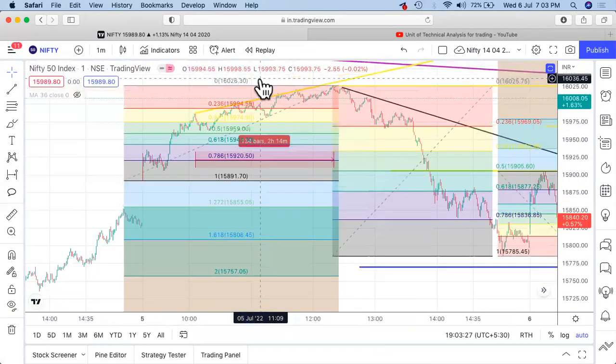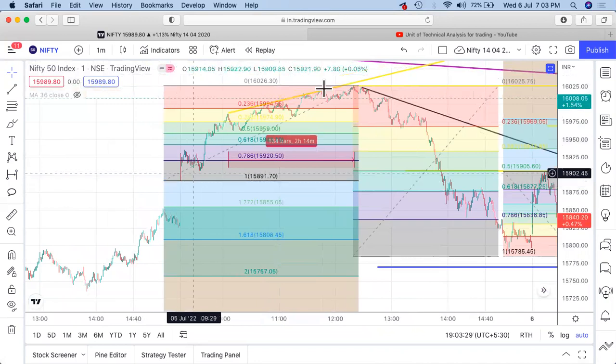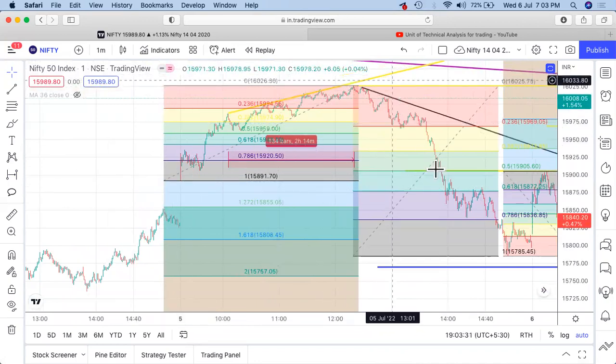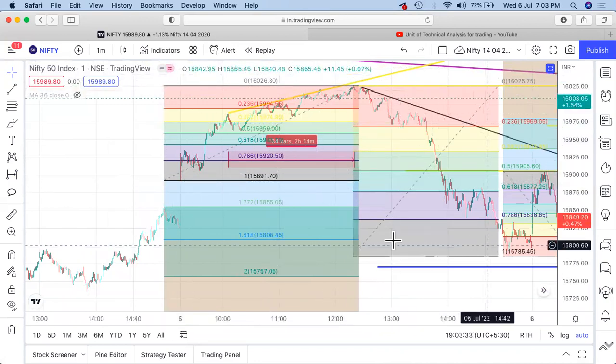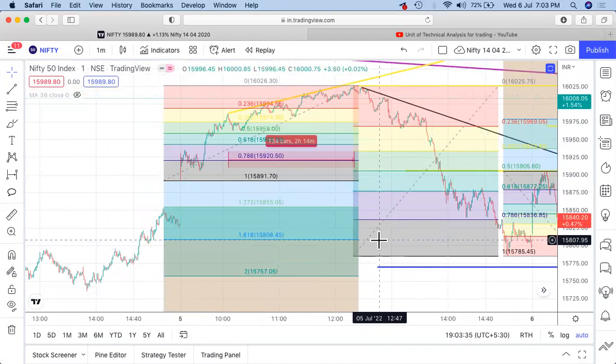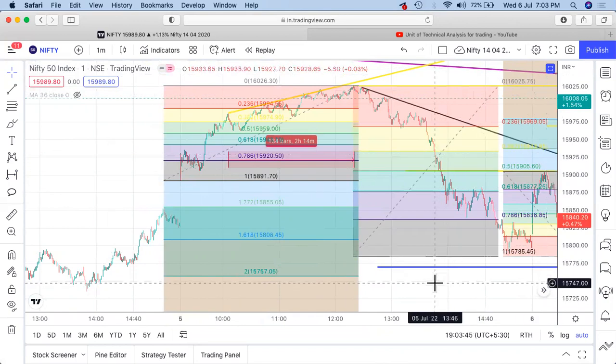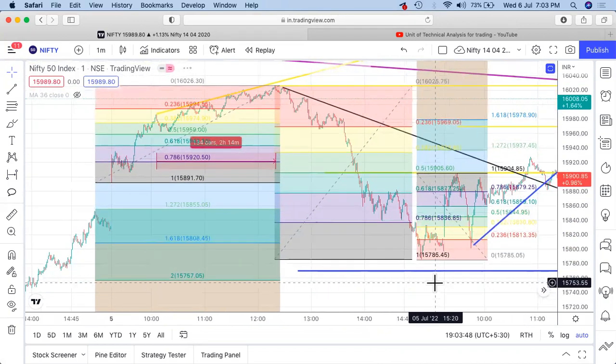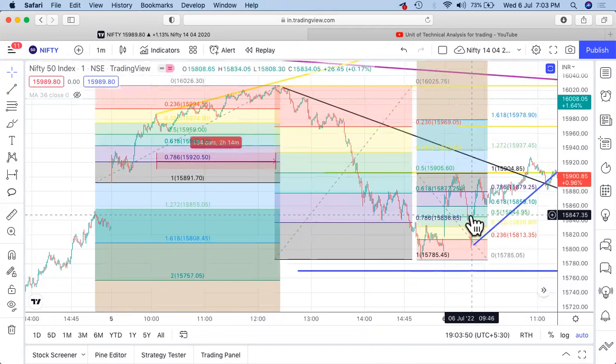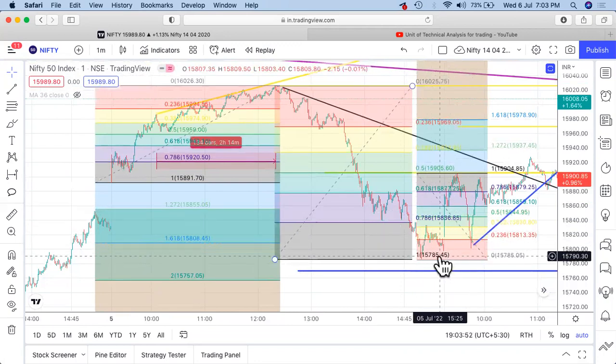So if I consider in terms of Fibonacci, this was a range, the entire day's range. It broke out from there, and again it started coming down. So it is like a 1.618 target that we have achieved over there. And then again you got a price action, and from there it started moving up further. Right? So we got a price action, and this was almost at the end of the day. Right? That's how things happen.